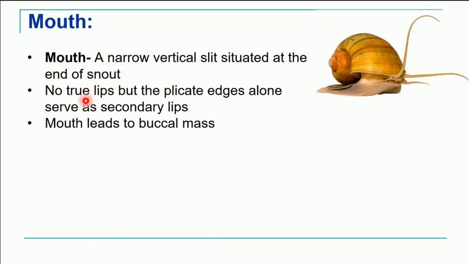There are no true lips present, but it is bounded by plicate edges, and this mouth leads into the buccal mass. You should remember that the mouth is a very narrow vertical slit with no true lips, and it leads to the next part, the buccal mass.